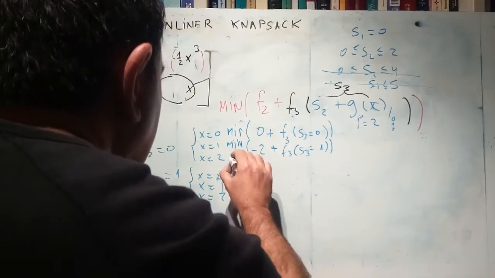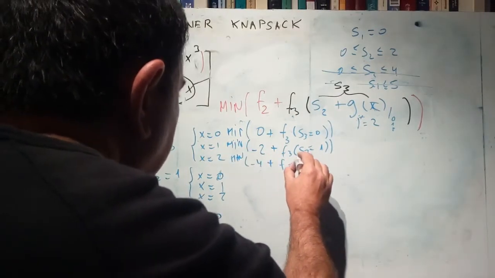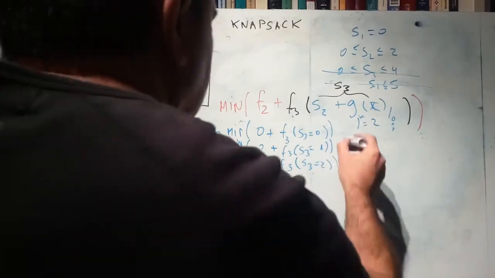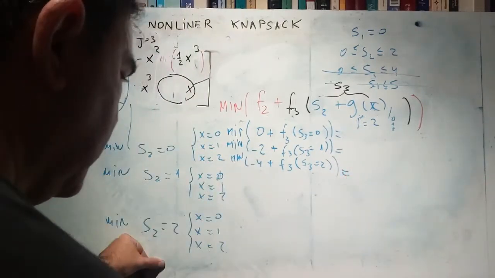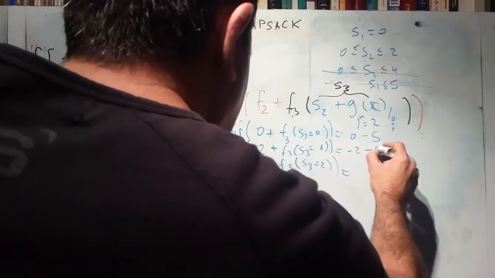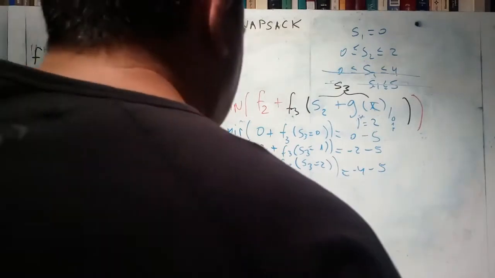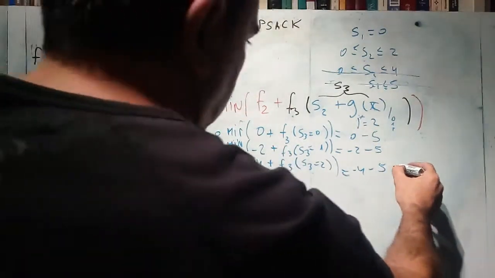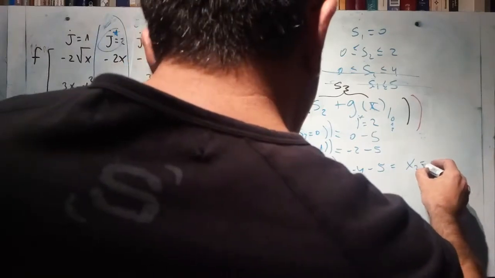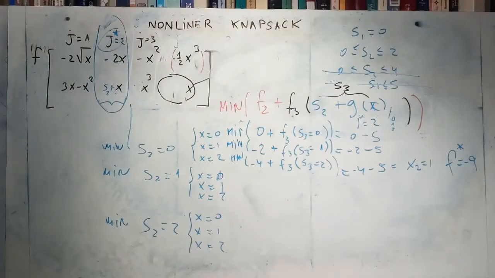And the last, the minimum of minus 4 plus F3 of S3 being 2 equals, this is 0, minus 5, minus 2, minus 5, and minus 4, minus 5. So the minimum is minus 9 for x2 being 1, f star minus 9, right?